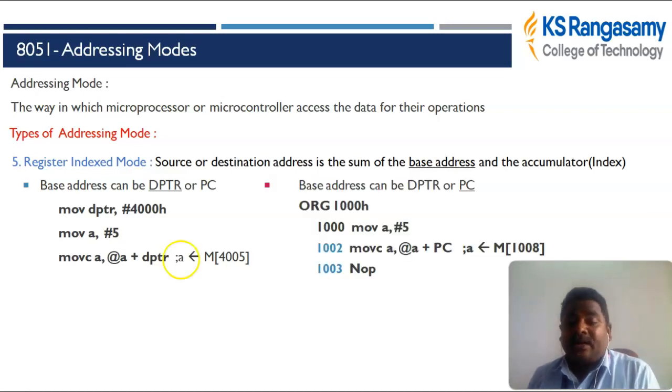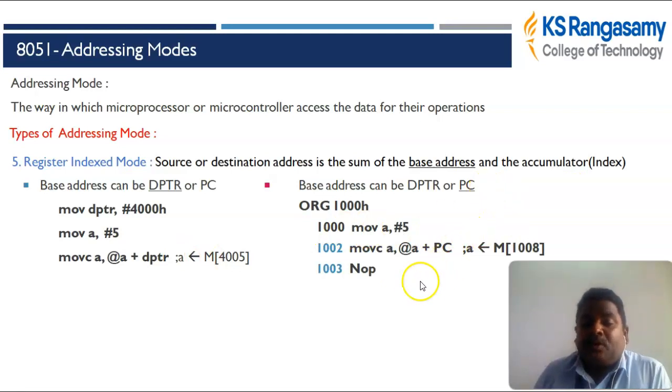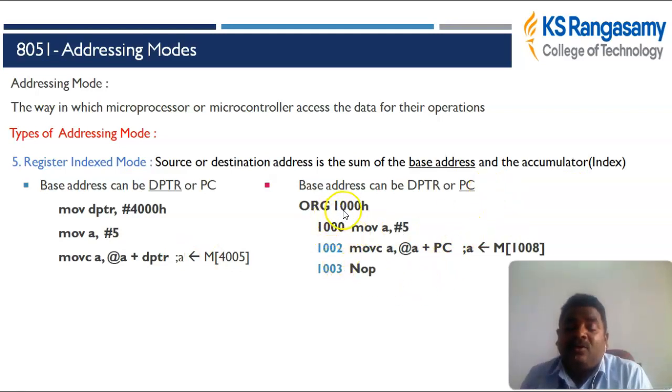And another category of base address can be the program counter. For the program counter, we have to initialize the origin. The origin will be 1000H. MOV A, #5, then MOVC A, @A+PC. Now the PC, program counter, has the origin 1000H.